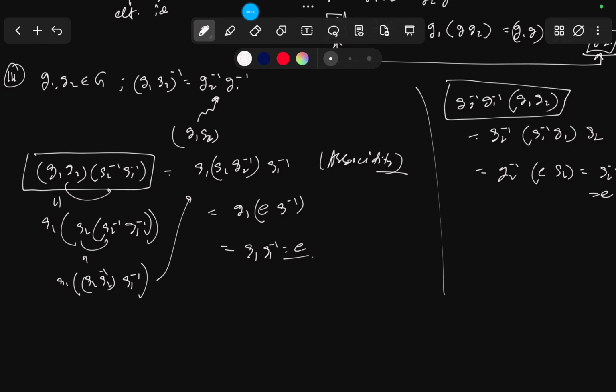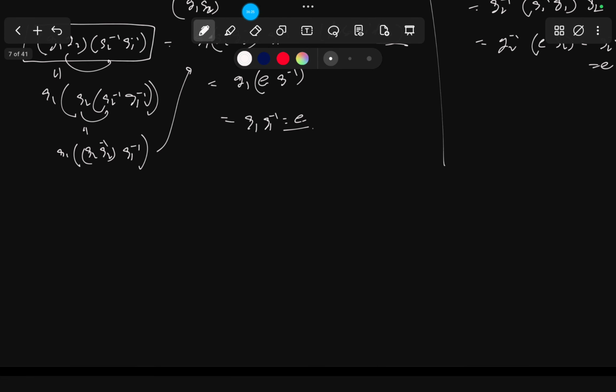So G2 inverse G1 inverse acts as an inverse of G1 G2, and since the inverse of an element is unique, by uniqueness of the inverse we get that G1 G2 whole inverse is G2 inverse G1 inverse.